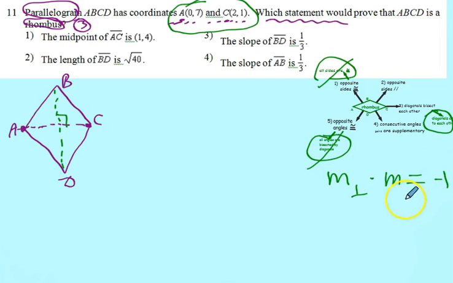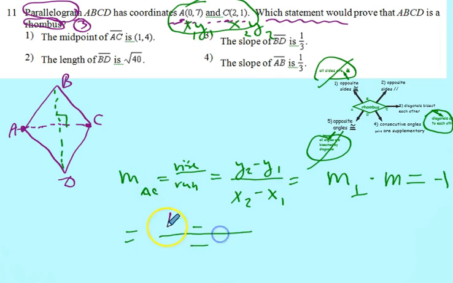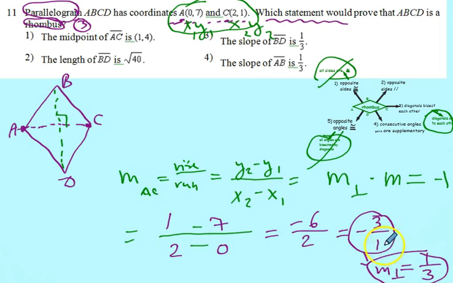So let's check what would be the slope of AC. Slope of AC is -3/1, then the perpendicular slope should be 1/3. And by the way, the name of that would be segment BD.